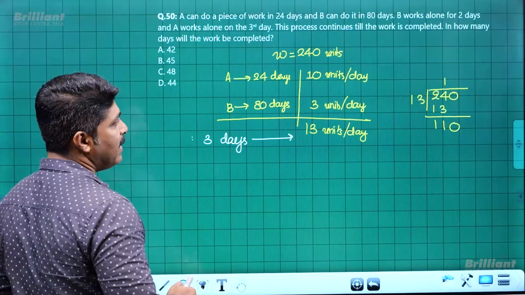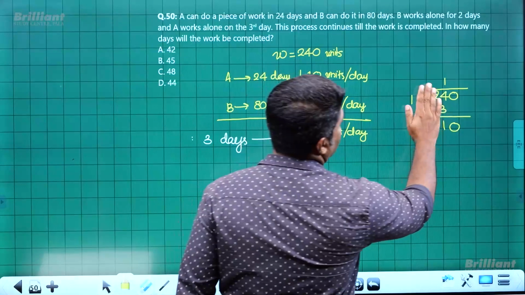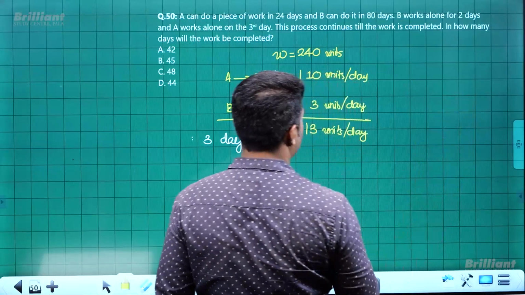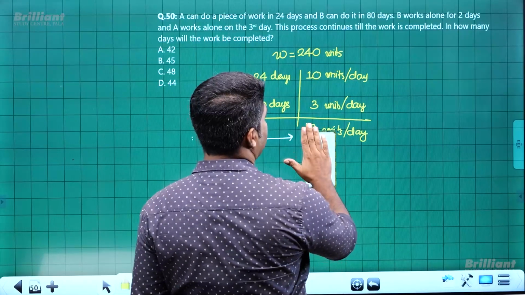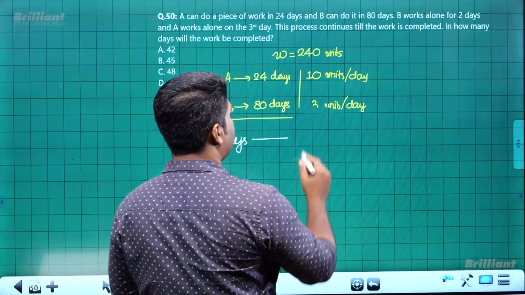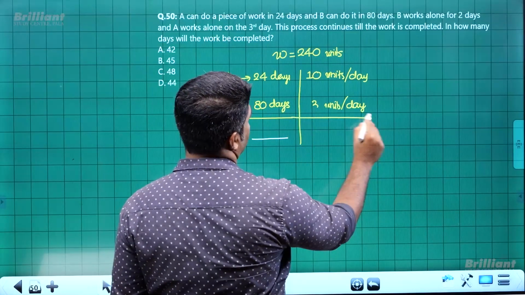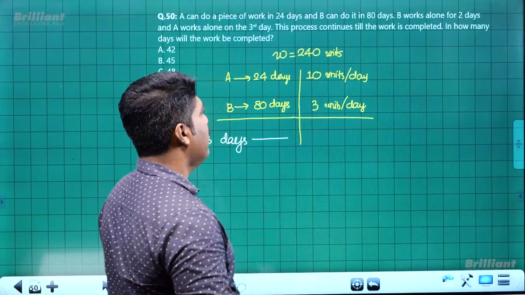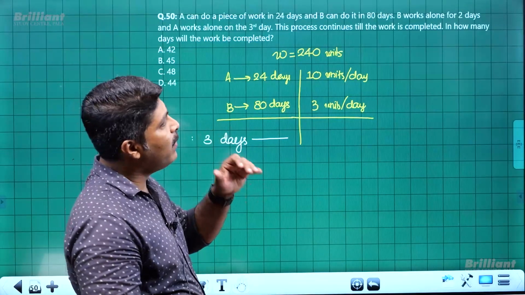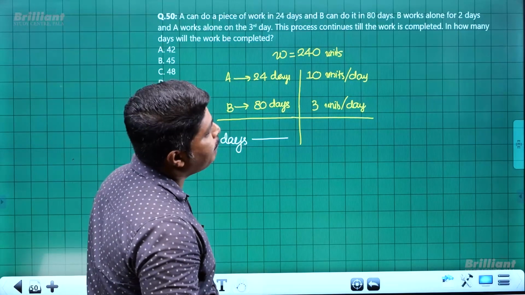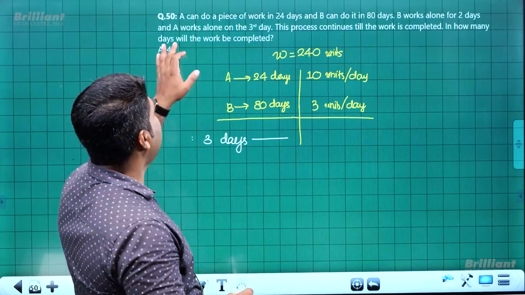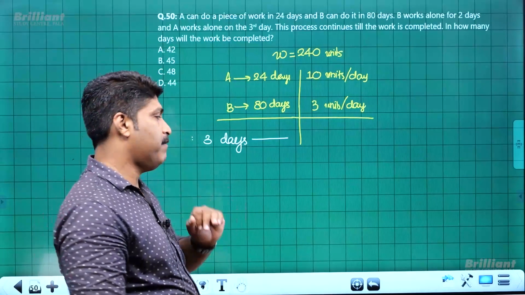Whenever we are thinking about this step of operation, there is a slight difference in this calculation. What is the slight difference? Here, this is 3 units of work. You just consider that in 3 days, B worked for 2 days and A for the 3rd day. That's a very important point.